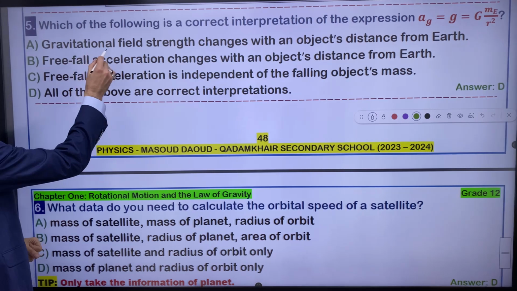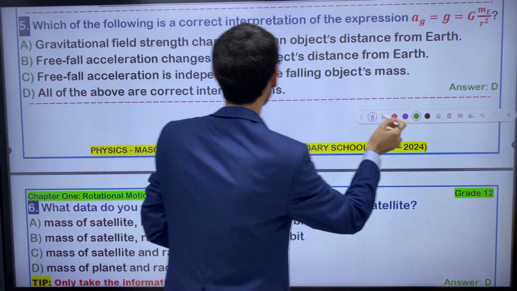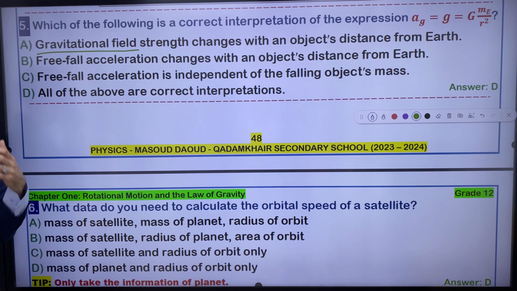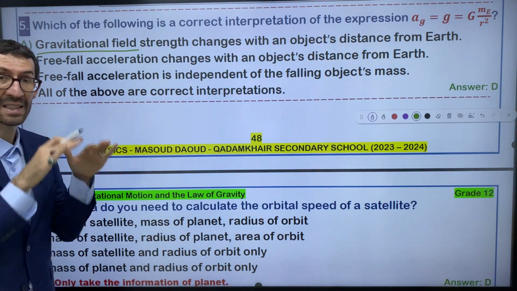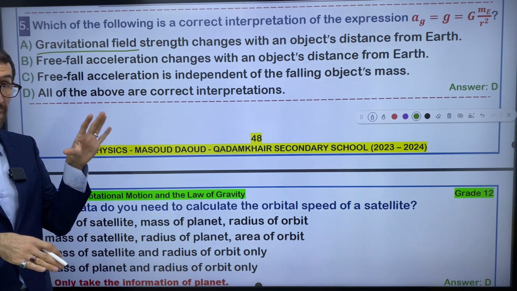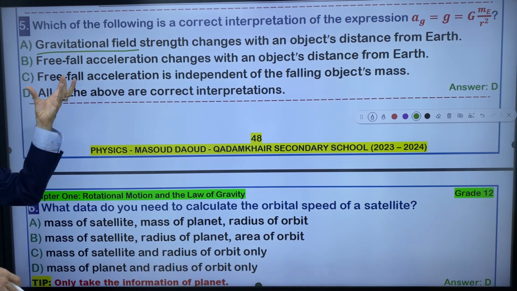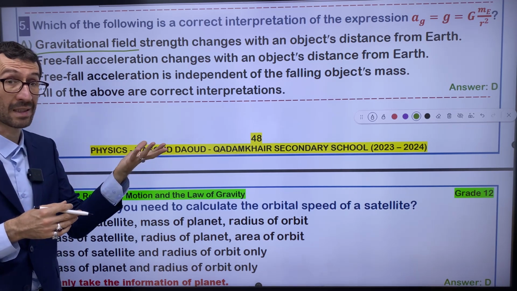Gravitational field means gravitational force, right? The field is in charge of pulling objects down to the Earth. I can say a gravitational field is a field that applies force to the object.